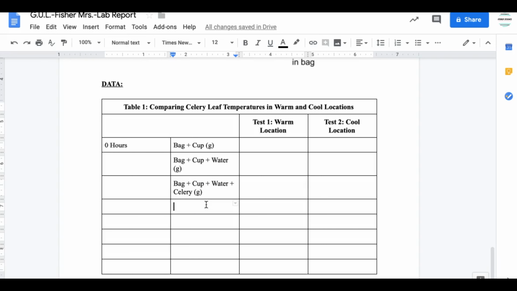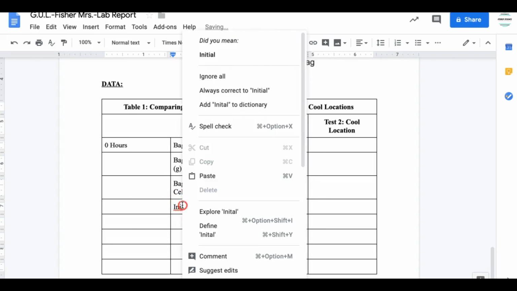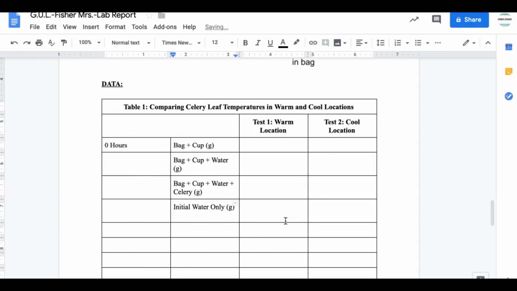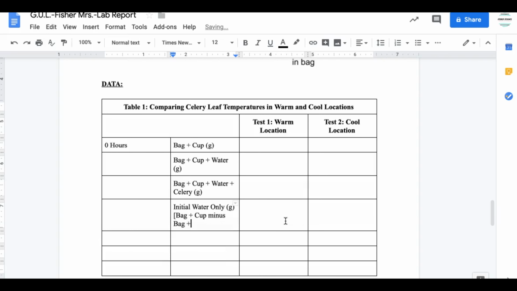And the next thing I'll need to do is initial water only in grams. And what that is, and I'm going to put a little bracket, is our first one, bag plus cup minus bag plus cup plus water.